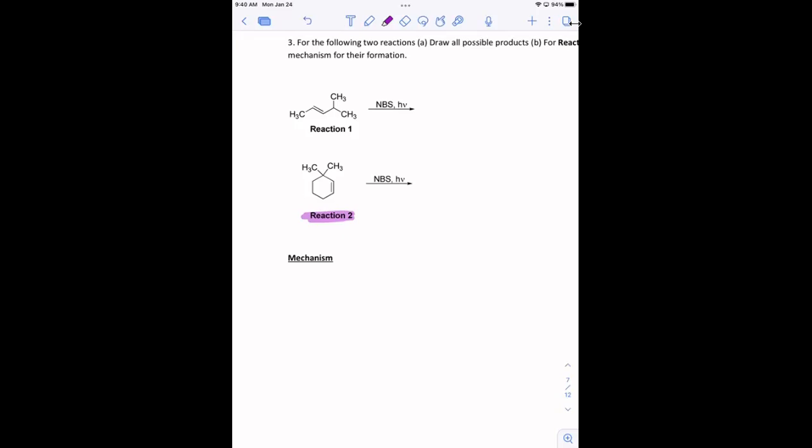We need a double bond. Okay, you need a double bond adjacent to it. But what do you need on the site itself? The whole purpose of allylic bromination is to do what? Let's go back to the original definition of the reaction. What are we doing when we are doing allylic bromination?